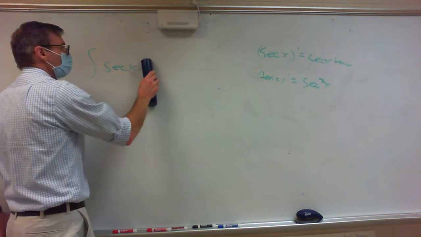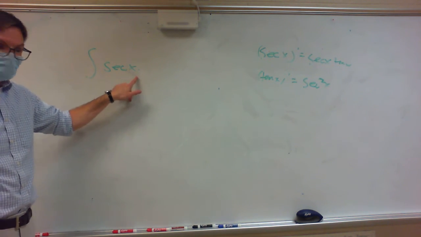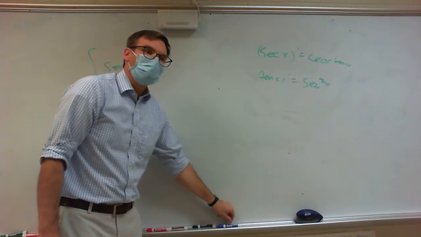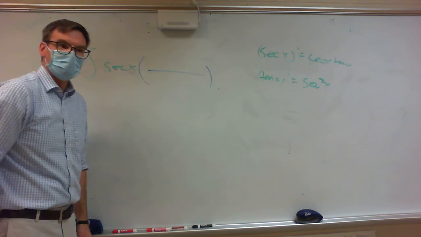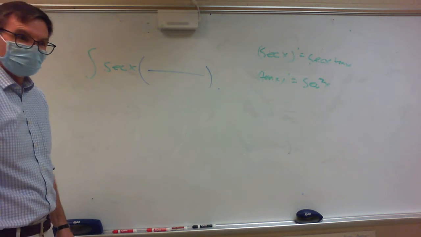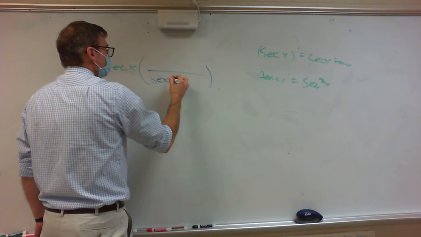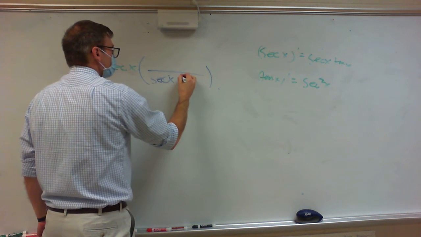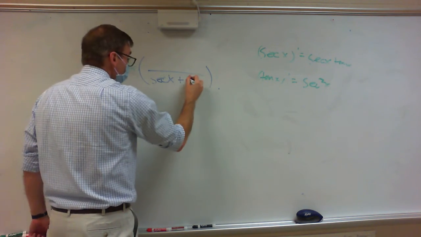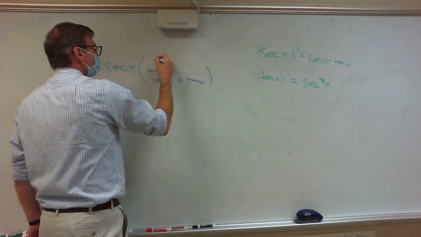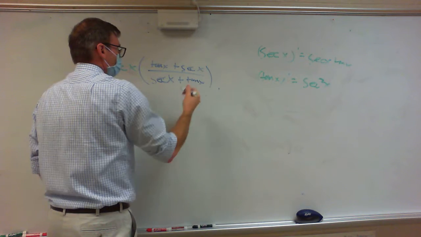So here's what I want everyone to do. You've already got this written down, right? You've got the integral of secant x. We're going to multiply by a fancy 1, and a fancy 1 is the same thing top and bottom. What I want you to do is put secant x plus tangent x, and then it's the same thing if I do tangent x plus secant x, right?